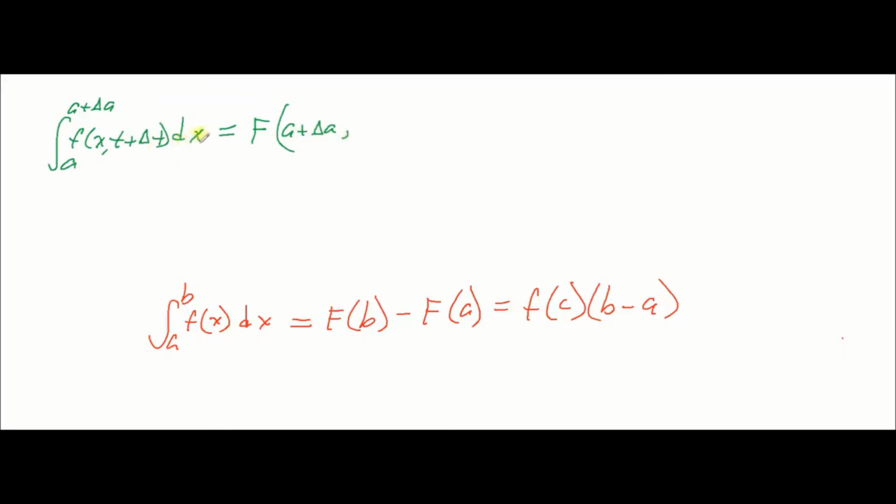Well, since we're doing this with respect to x, t is constant, so we're just copying the t stuff into here. But this integral would be big F of all of this minus big F of just A, and then t is still the same as it was.